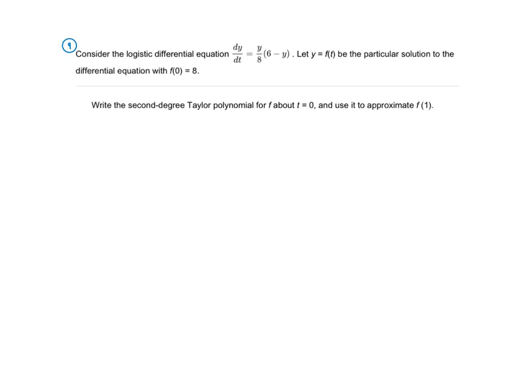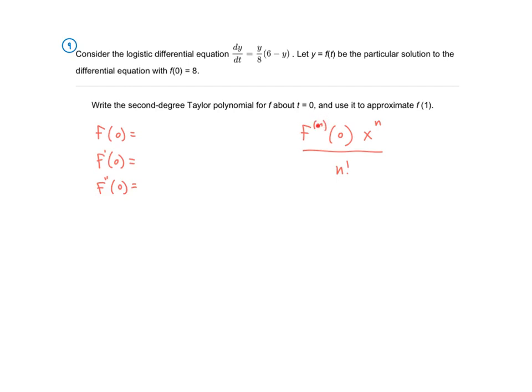Okay, so think about what we want. We want f at 0, we want f prime at 0, and we want f double prime at 0. Because the general form is f^(n) at 0 times x^n all over n factorial. Remember f of 0 is just the function, and when n is 1, that's the first derivative.